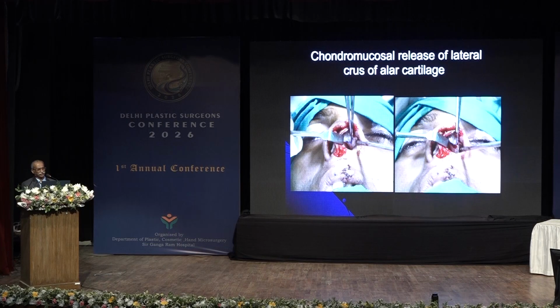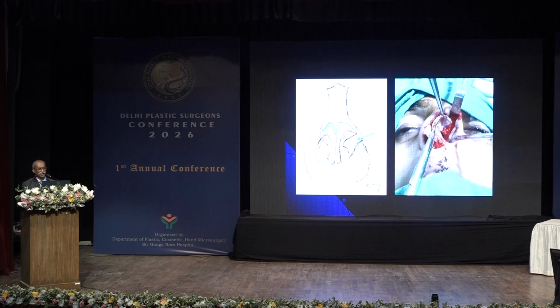Then in a cleft, the affected alar cartilage is displaced downward. You need to release the crus. I release it like a chondromucosal release from the lateral crus of the alar cartilage and also from the upper lateral cartilage. This leaves behind a composite defect in that area.